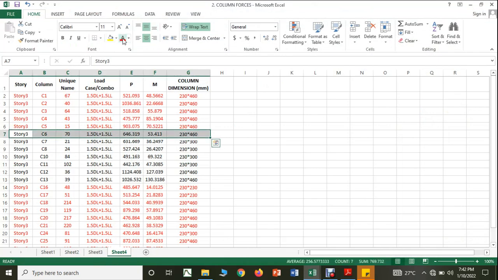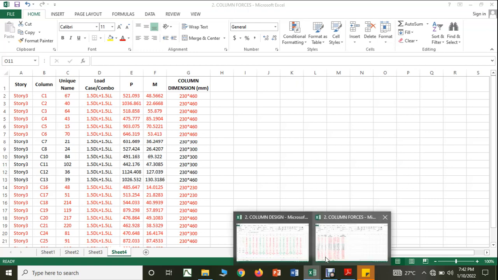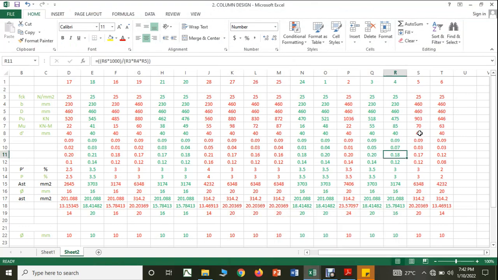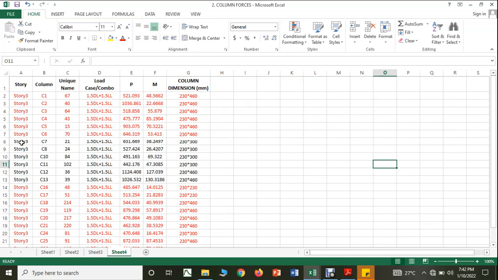Yes. Then next you have column 7. Column 7, I have 631 and 36. And what is its corresponding dimension?